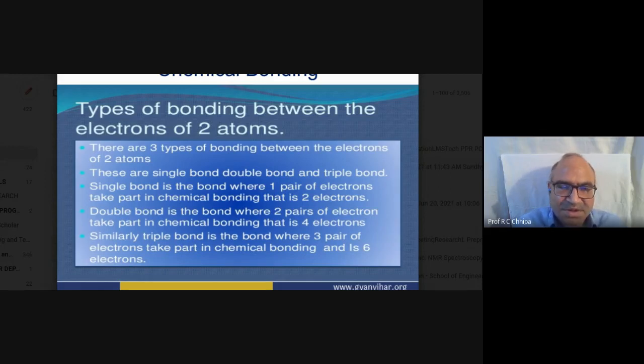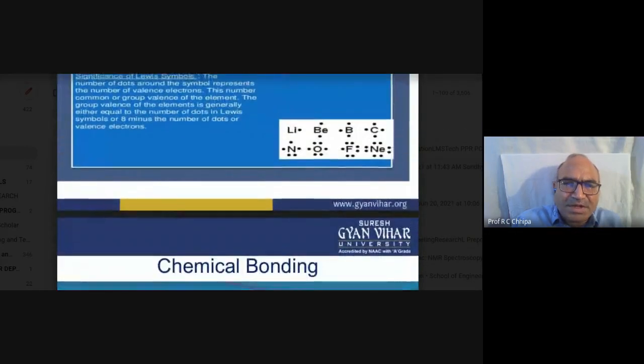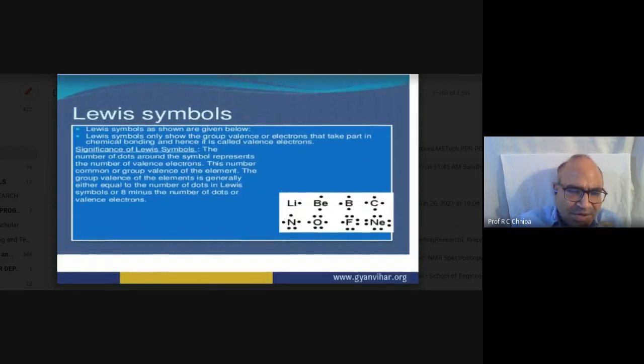This is the most important concern: ionic bond, covalent bond, as well as coordinate bond. Out of these three types of bonding, one is the covalent bond, which involves sharing of electrons. Before discussing this, the chemical bonds are of three types, and one is the ionic bond.